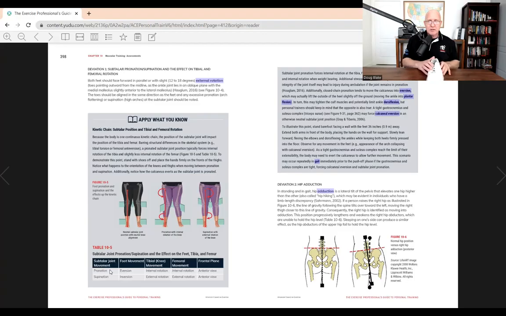Can you see this? Movement of the outside of the foot outward. That's called eversion. Okay. So again, pronation at the subtalar joint produces this foot movement. This minor motion or movement in this joint that I showed you.